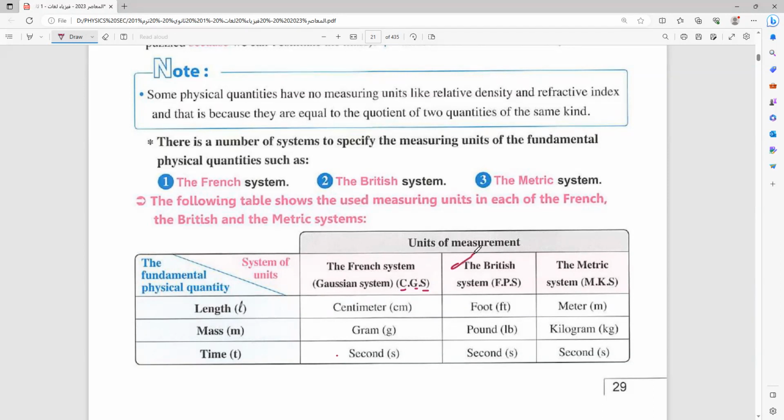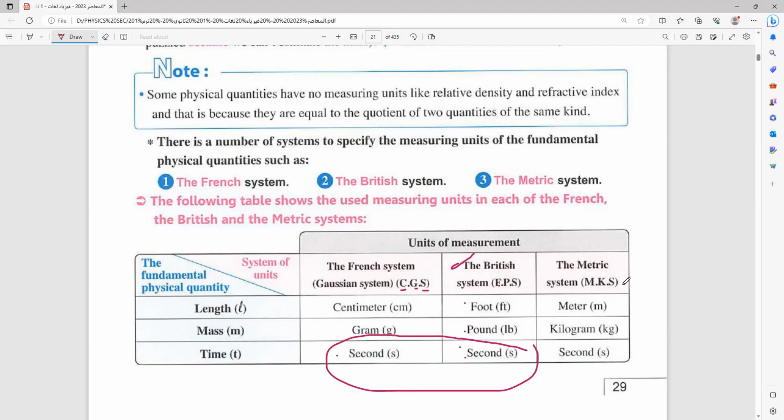Second one, the British system or FPS. F means foot, pound, and second. Foot for length, pound for mass, time measured by second. So second is common between the French system and the British system.